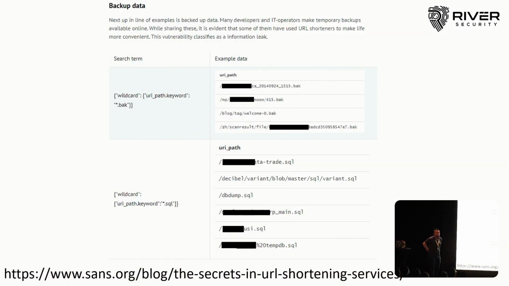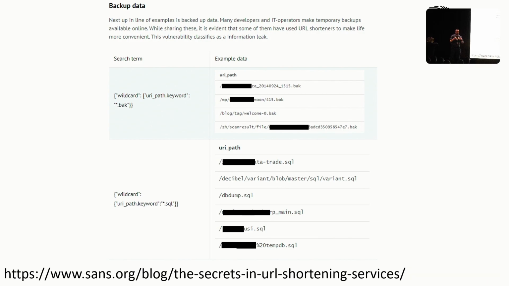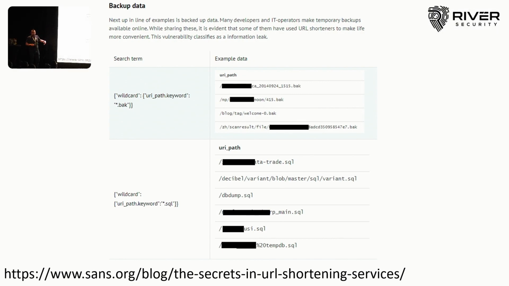They might contain domains, internal domains. They might contain information that pertains to our customer's domain directly. Or when we look through the brute forced URLs, we find all kinds of hacks in progress. We find all kinds of interesting evidence of URL shorteners being used for all kinds of things.